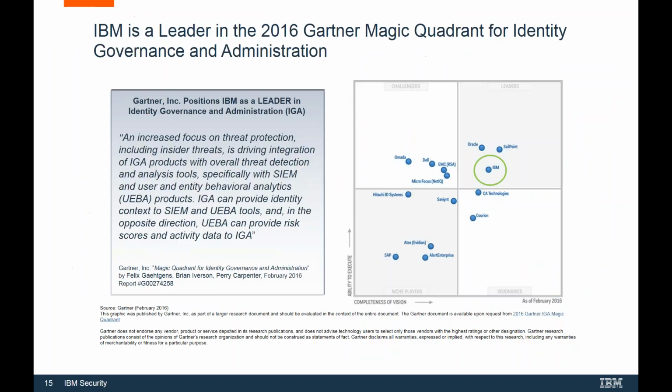Okay, and that's kind of what we're really here to discuss, to show, to demo. A quick view of where we stand, and this is the most recent 2016 Gartner Magic Quadrant. We have been a leader in this space since the onset of the Gartner Magic Quadrant, and there's where we are today, up there in the leader view per Gartner's assessment.